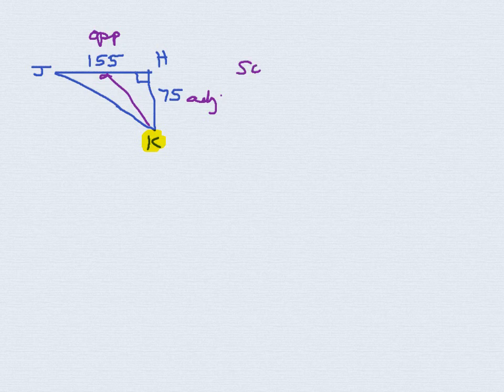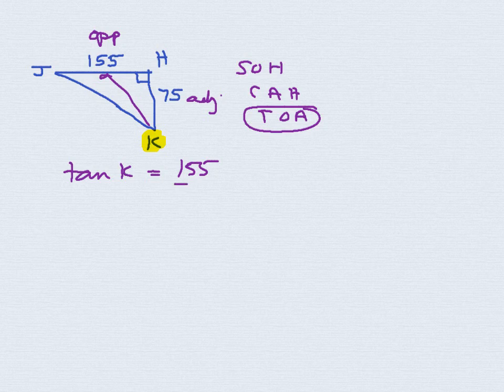The trig ratio that has opposite and adjacent in it is the tan ratio. So the tan of angle K is going to equal opposite of 155 divided by the adjacent of 75.